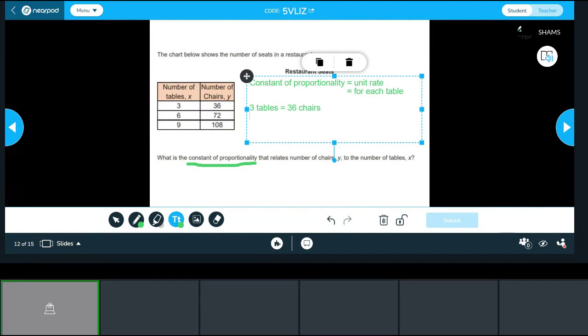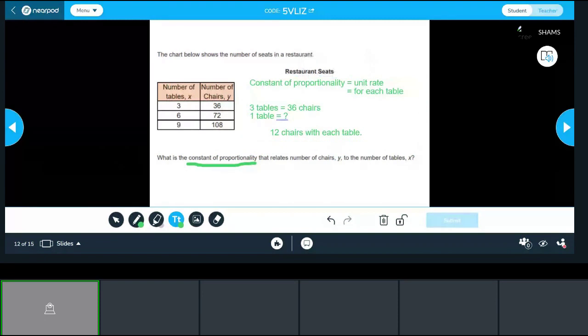To find constant of proportionality, I'm trying to find how many chairs on one table, right? Very simple question. You can simply and easily answer 12 chairs. That's the answer. So if you're finding constant of proportionality, I would say that there are 12 chairs with each table. That's the complete answer.